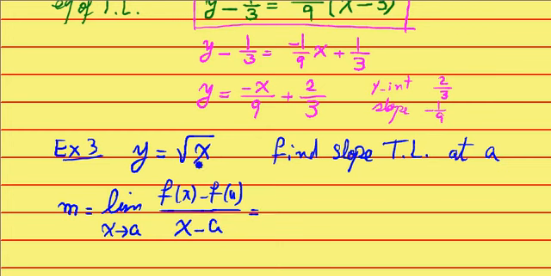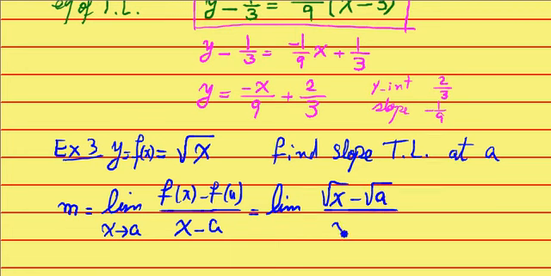I forgot to mention that by now we know this is the name of the function, f of x. So this is the limit of radical x minus radical a over x minus a as x approaches a.